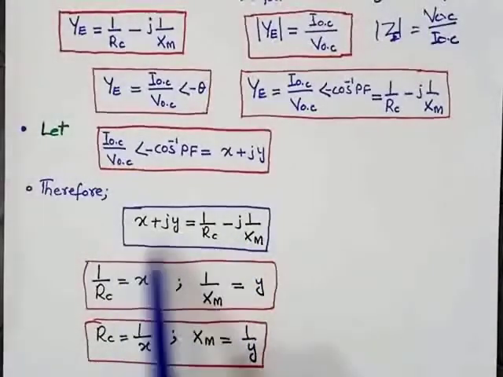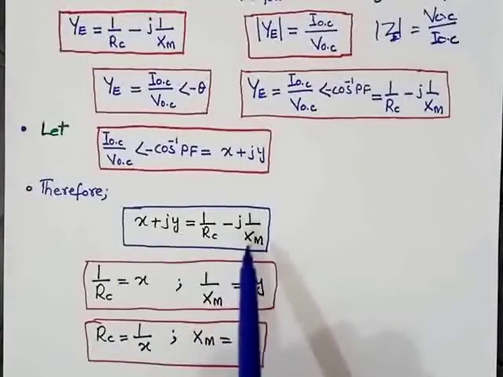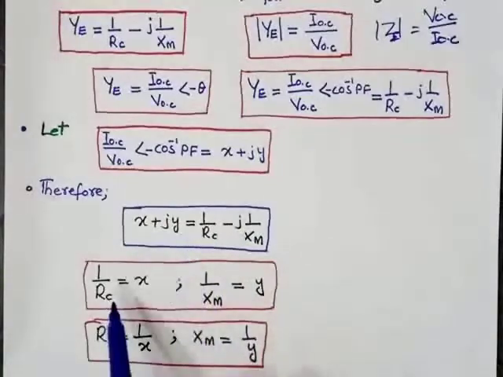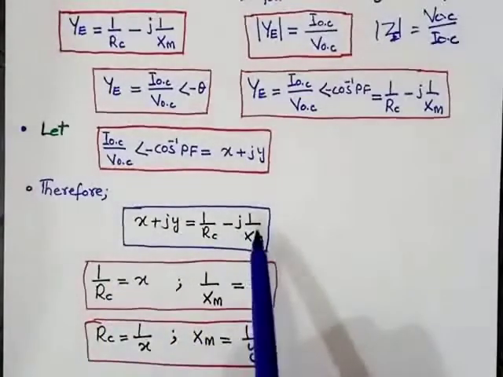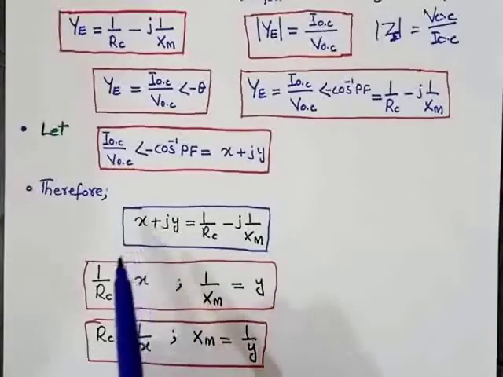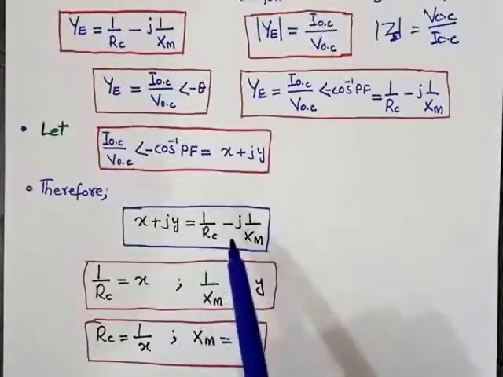By comparing these two equations, we will compare real part with real part and imaginary part with imaginary part. Therefore, 1 over RC will be equal to x and 1 over XM will be equal to y. Just comparing the real part with the real part and imaginary part with the imaginary part.